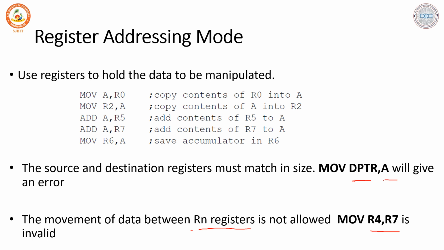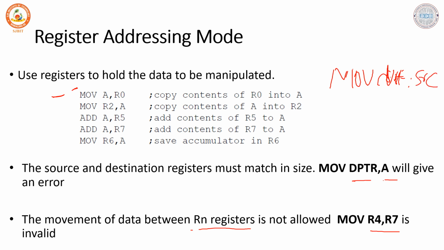You can see the instructions with respect to the register. We have shown MOV. MOV is a command which copies the content of one location to another location. Here, MOV A, R0. The actual instruction is the opcode MOV, then destination comma source.